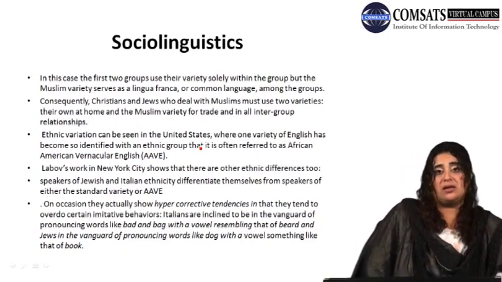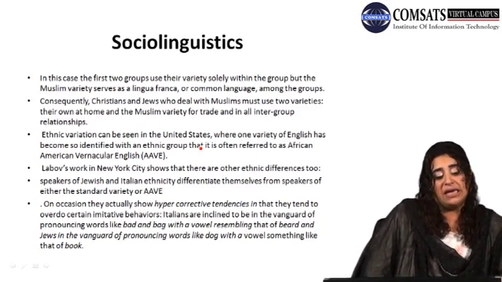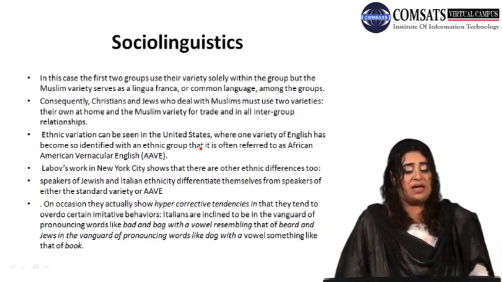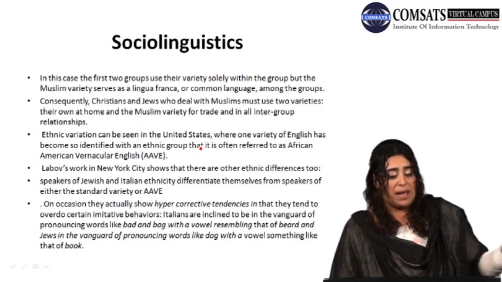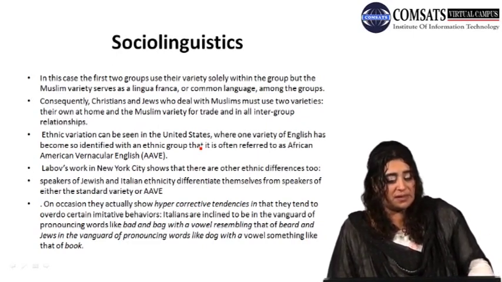Speakers of Jewish and Italian ethnicity differentiate themselves from speakers of the standard variety, and on occasion they actually show hypercorrective tendencies, in that they tend to overdo certain imitative behaviors.